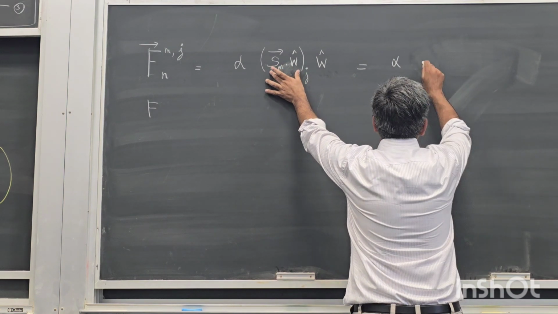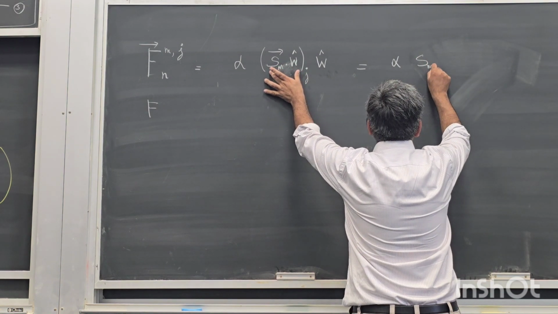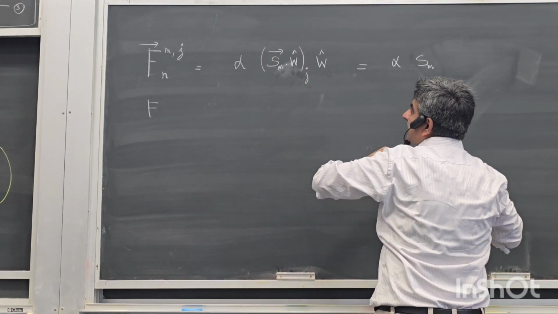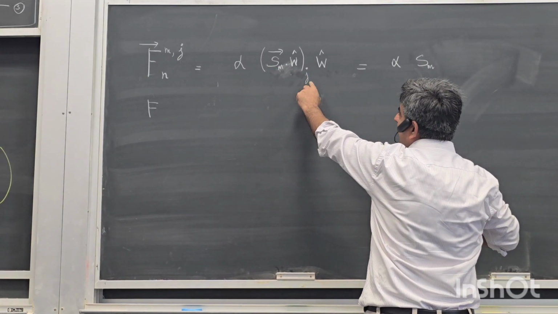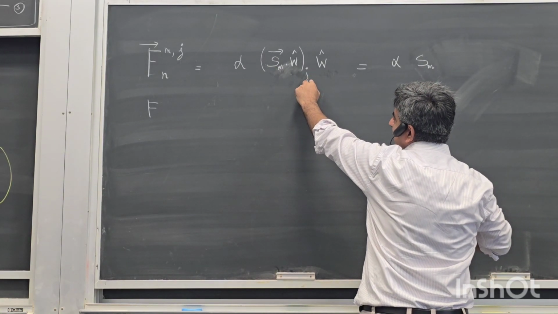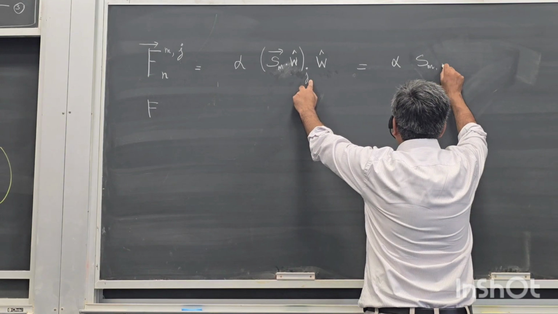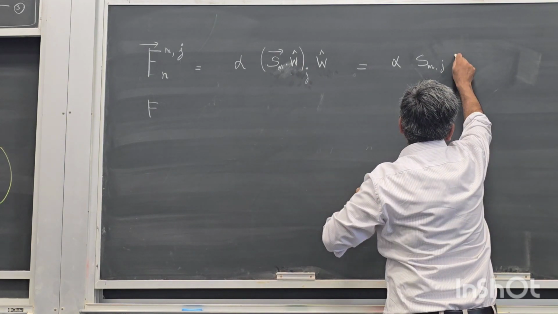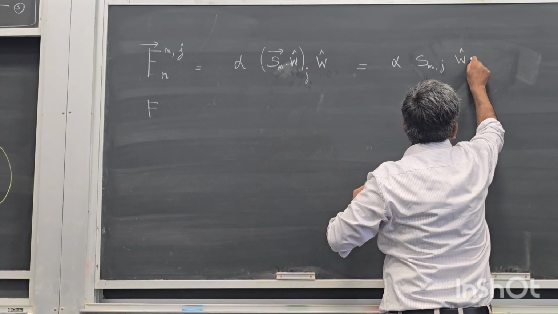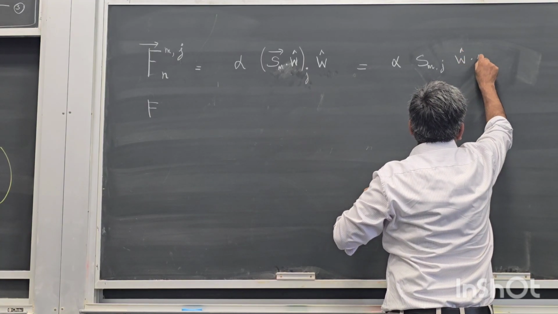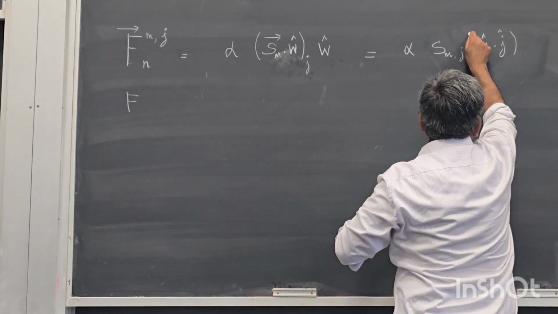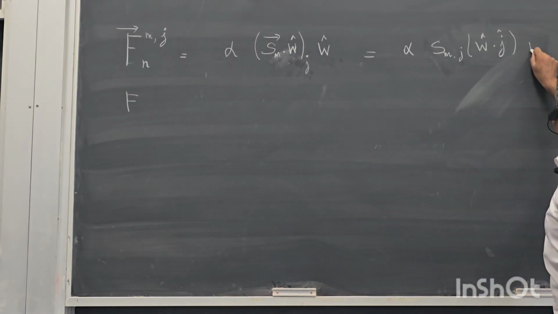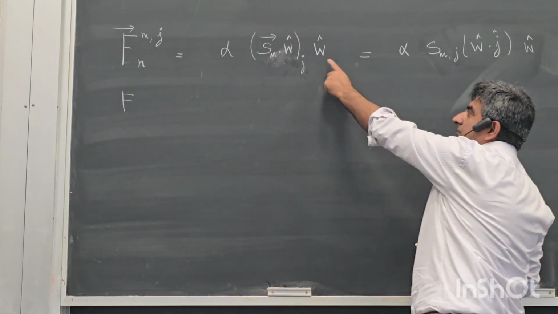The magnitude of this is Sm along W, but now we take the projection along the j axis, so this becomes Smj, and the directionality is represented by omega dot product with j, and then we have this additional W.